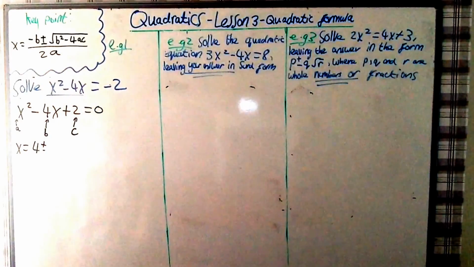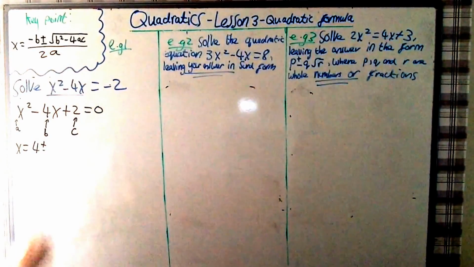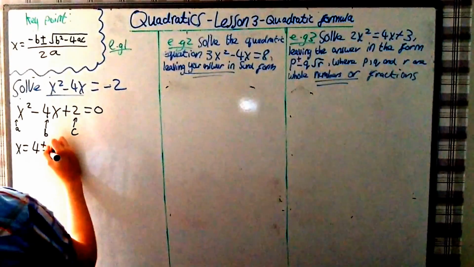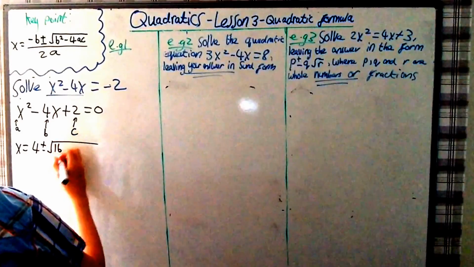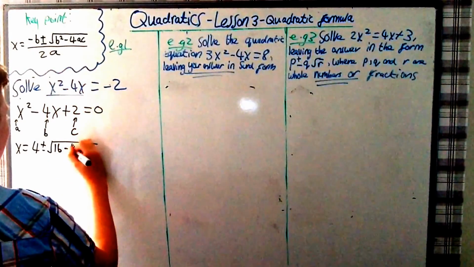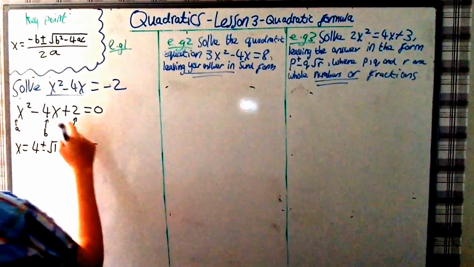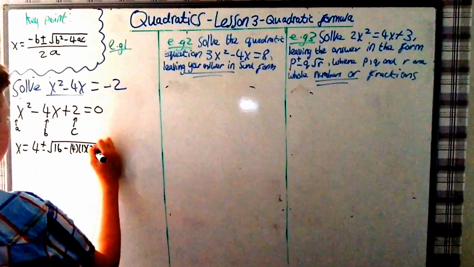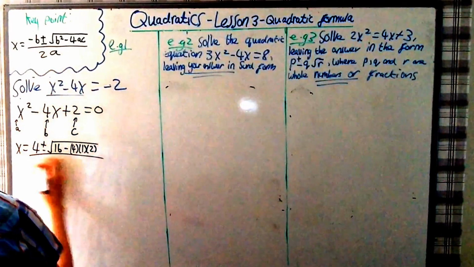In case you make a mistake later on in the question, you'll still pick up potentially a mark. So we're going to get 4 plus and minus the square root of minus 4 squared, that's going to become positive 16, minus 4 multiplied by our a value, which in this case is just 1, multiplied by our c value, which is 2, all divided by 2 multiplied by 1, 2.